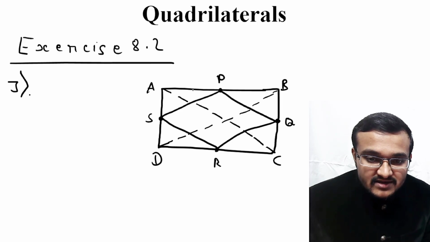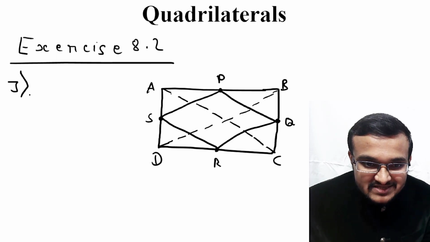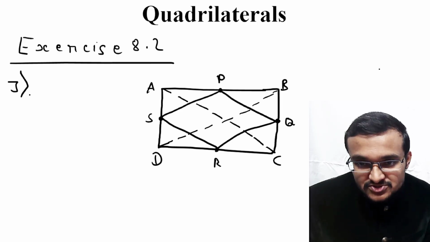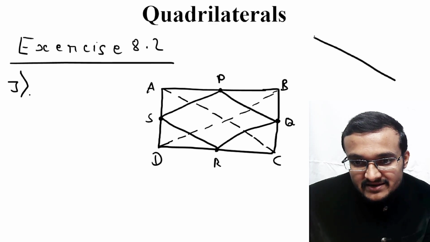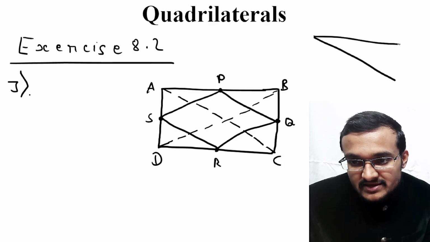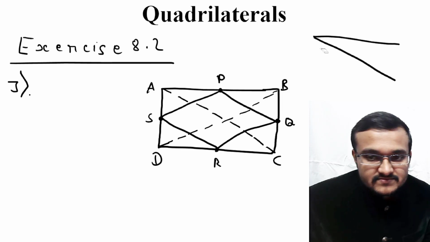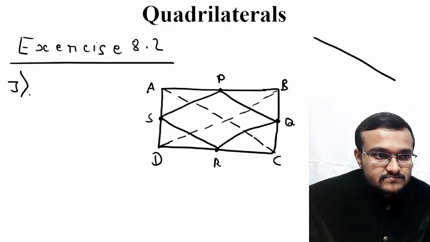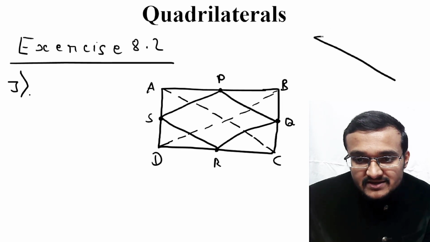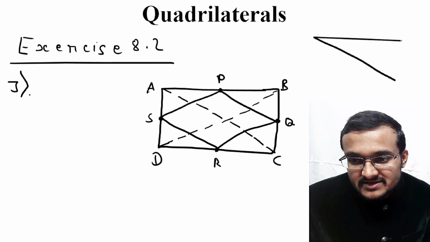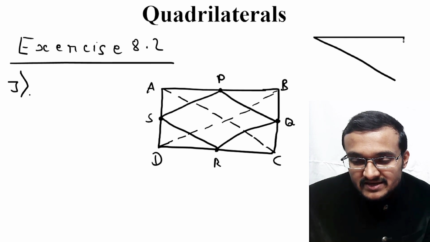So now here you can consider triangle ABC. So we have ABC. So now we can consider this triangle ABC which is there like this.